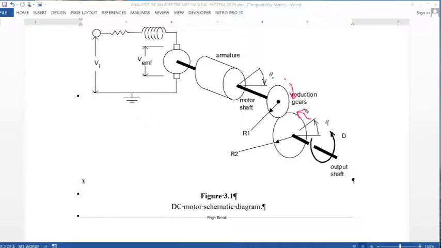So what I would like to do is pretend that whatever voltage I put onto my system tends to want to move my armature in what I have already established is my positive theta direction. And I've also established the output gear. You'll see that's a different direction, but that's just because if I move this one in its positive theta direction, then that will also move my output gear in its positive theta direction.